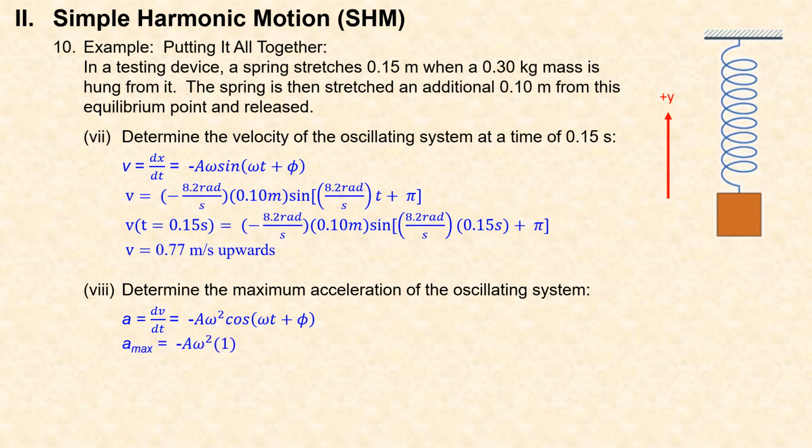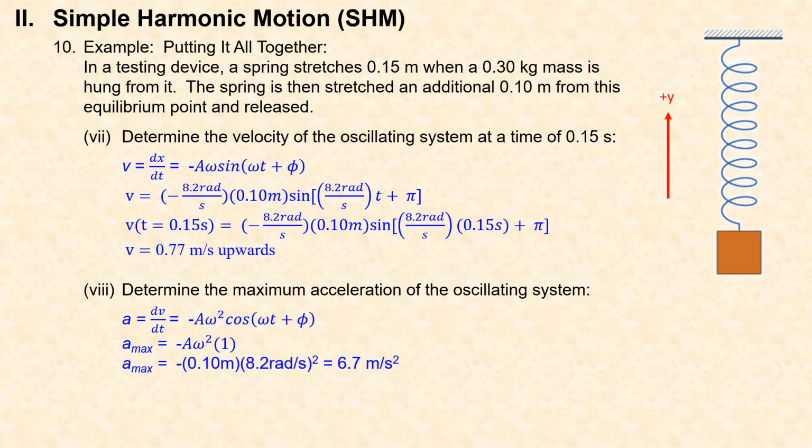In other words, the maximum acceleration is simply A omega squared. The amplitude and angular frequency are given. So we plug in those numbers, and after doing the number crunching, come up with a value of 6.7 meters per second squared for the maximum acceleration.